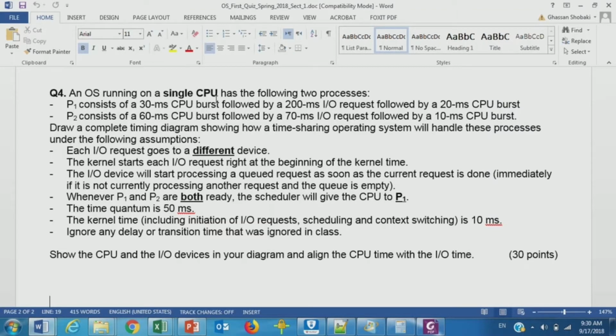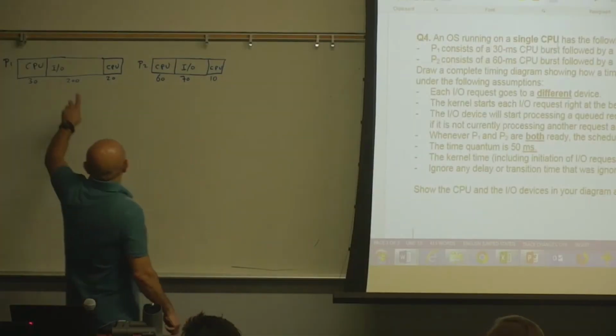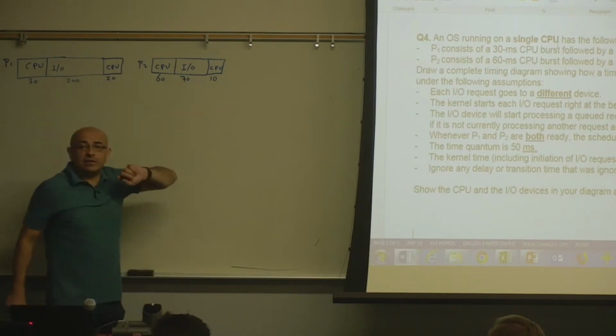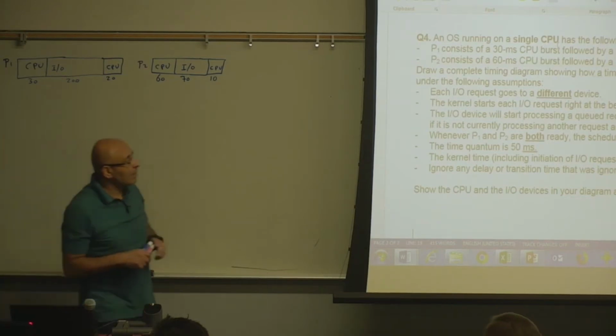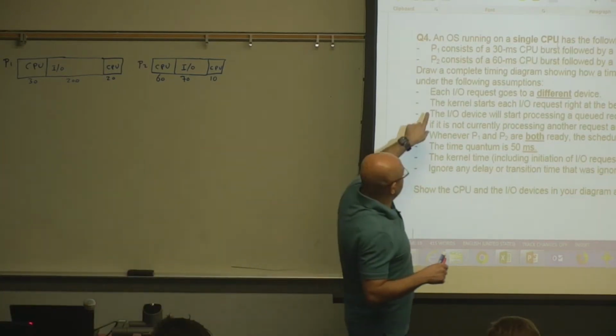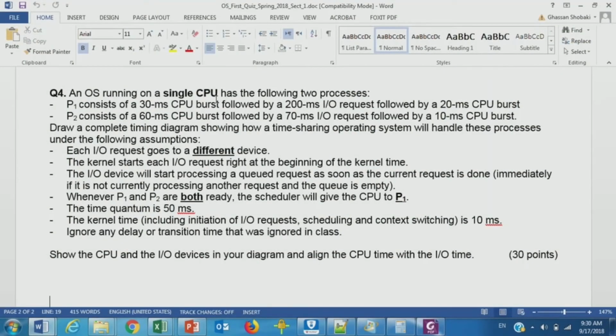Now there is lots of important information here. Each I/O request goes to a different device. So we are assuming that this I/O request and this I/O request are going to different devices. The simulation will change completely if they go to the same device. The kernel starts each I/O request right at the beginning of the kernel task. So this is an idealization.